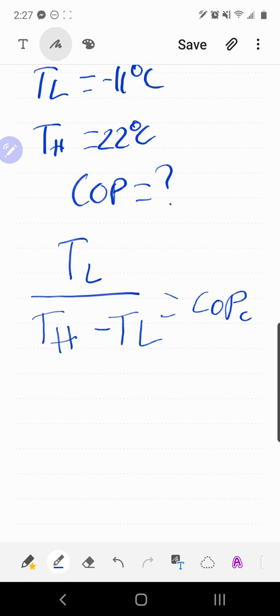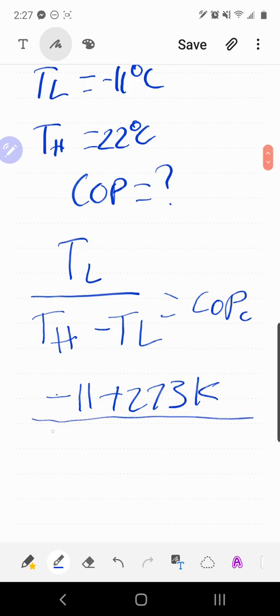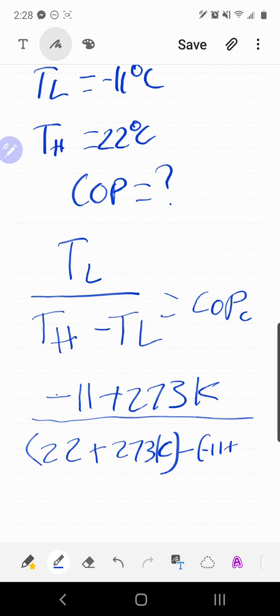Okay, what is our TL? We're going to convert everything to Kelvin to make this work out. Over 22 plus 273 minus -11 plus 273.